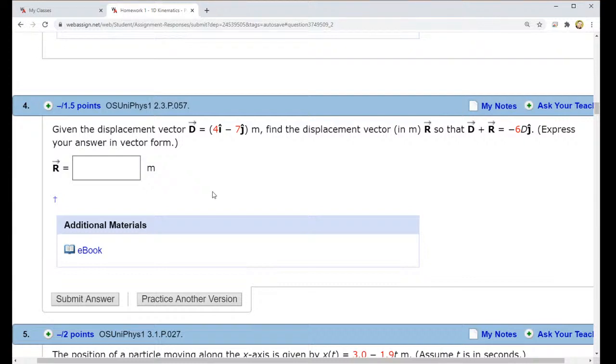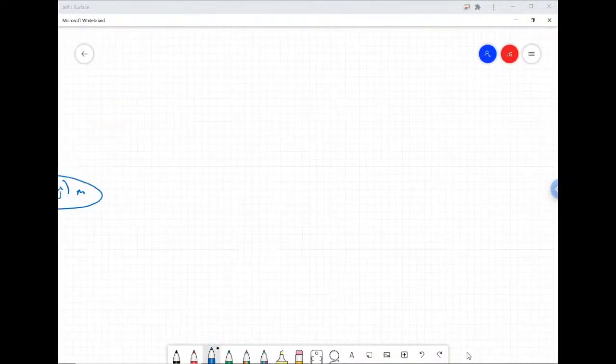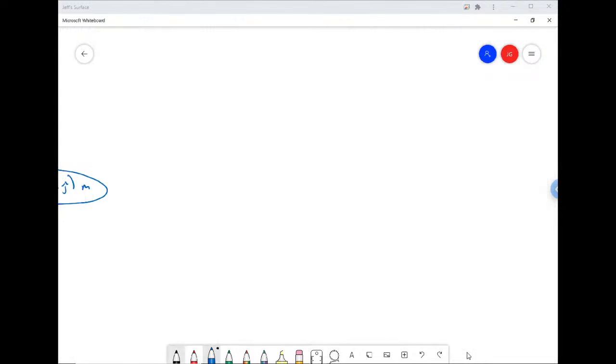So you have this displacement vector D, which is 4 i hat minus 7 j hat. Find the displacement vector R so that D plus R equals this other vector, minus 6 j hat. Express your answer in vector form. Let me record this information on my whiteboard.